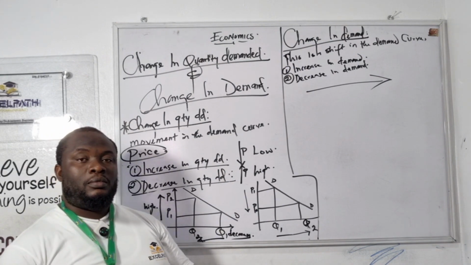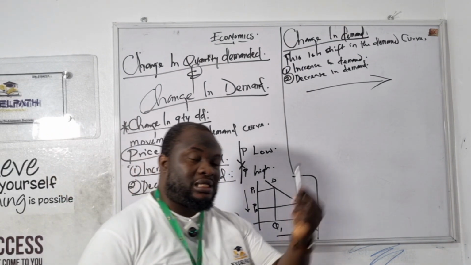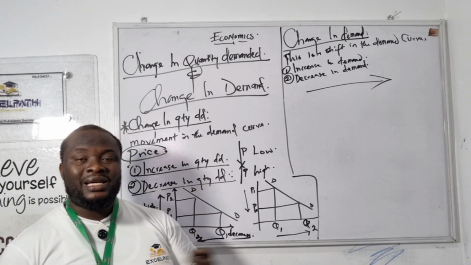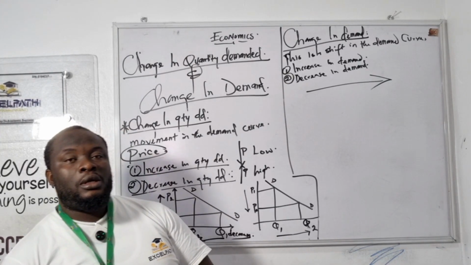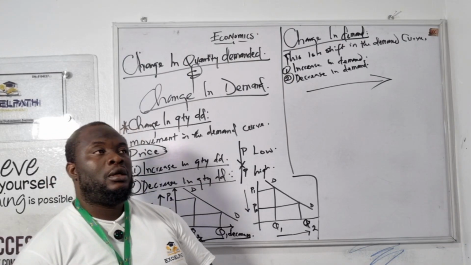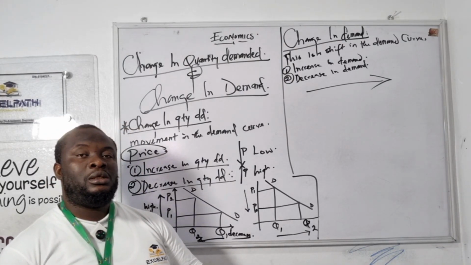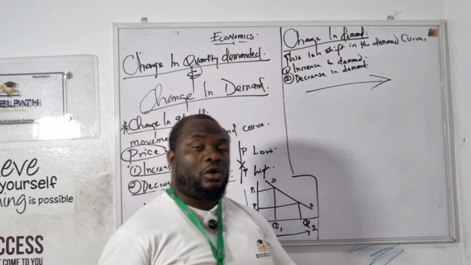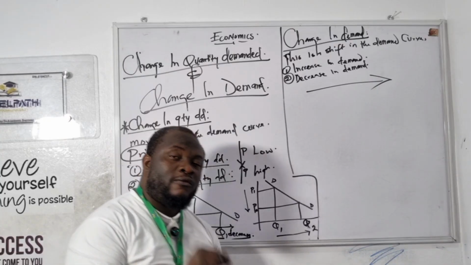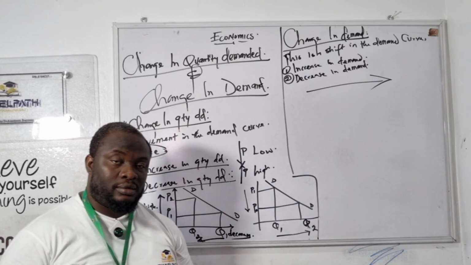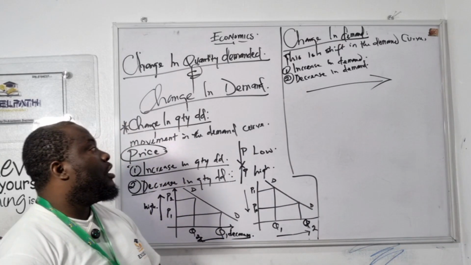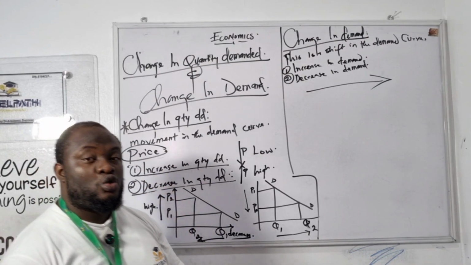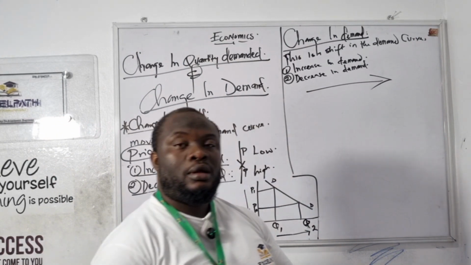Now, let's say Mr. Tunde works in a company and earns 30,000 naira per month. He was now promoted and now is earning 1 million naira per month. Now, that factor, income of the consumer, is now favorable to Mr. A, right? So, which is going to make Mr. A's demand increase. Am I communicating?